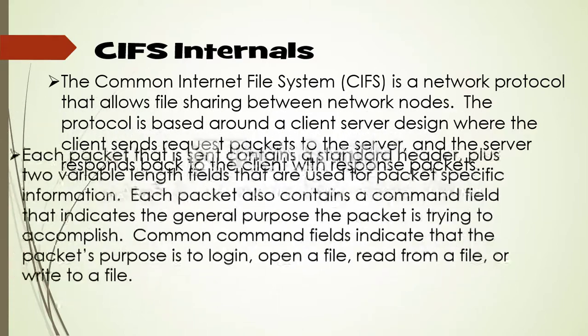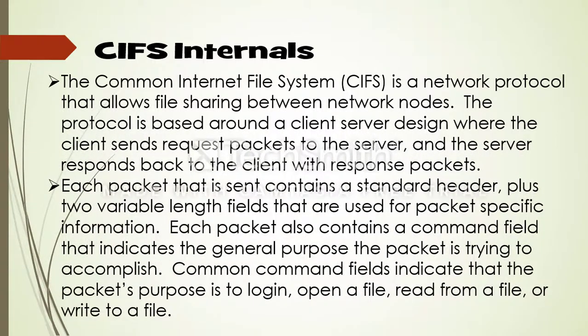Each packet that is sent contains a standard header plus two variable length fields that are used for packet-specific information. Each packet also contains a command field that indicates the general purpose the packet is trying to accomplish. Common command fields indicate that the packet's purpose is to log in, open a file, read from a file, or write to a file.